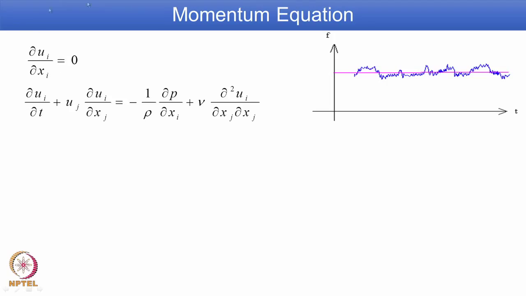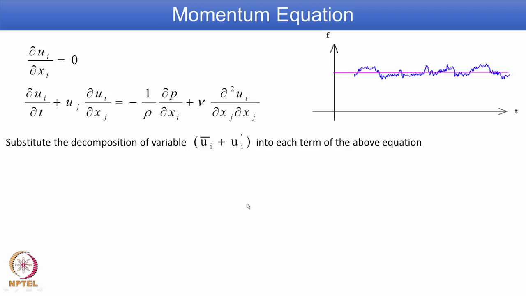So, same equation, what are the quantities in this equation? u, and u with the index i, 1 to 3, will have 3 variables, that is u, v, w or u1, u2, u3. Then one more variable is pressure p. If you interpret all these 4 variables in turbulent flow as instantaneous quantities, then you apply decomposition to each one of these quantities.